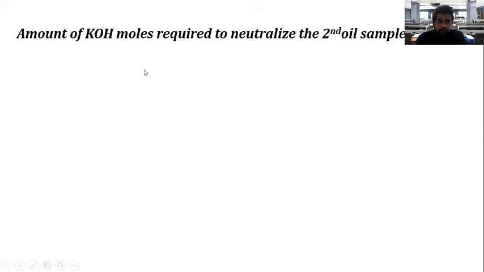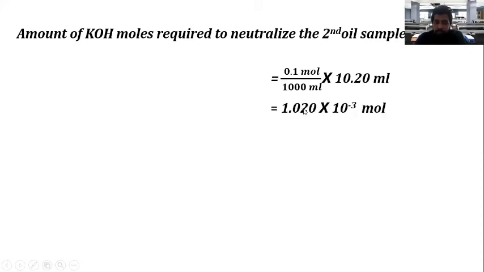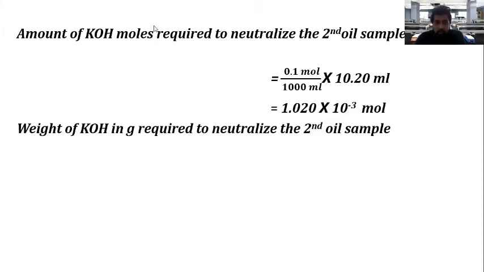So the amount of KOH moles required to neutralize the second oil sample, you can calculate that. We have used 0.1 M KOH, so you can calculate by this. So it's about 1.020 times 10 to the power of minus 3 mole. Now, the weight of KOH in grams required to neutralize the second oil sample: how can you calculate that?